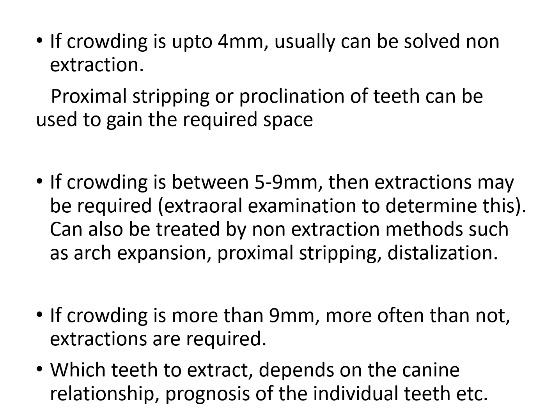But you must also see the extraoral features of the patient and see if it can still be done by non-extraction methods such as expansion, proximal stripping, and molar distalization. So you must analyze the arch first. If the crowding is more than 9 mm, most cases definitely require extractions.